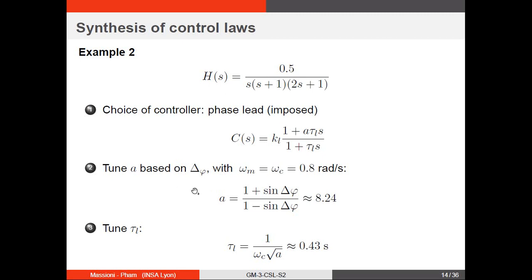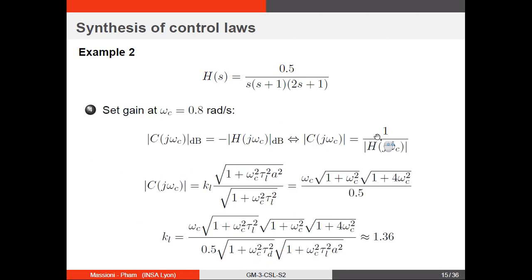The extra phase is 51.6 degrees. We want it at omega c, so omega c is the omega m with respect to the recipe, the angular frequency at which we want the boost in phase. Then you can use this formula to compute A and this formula to compute tau L. So everything is done, only KL is left.